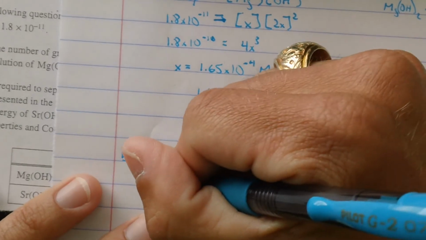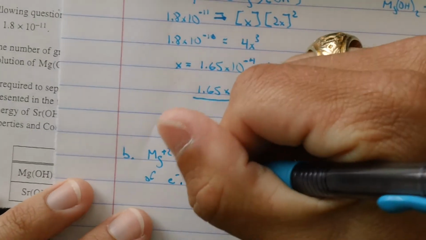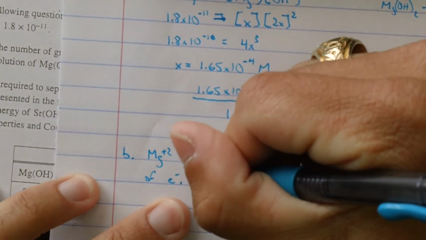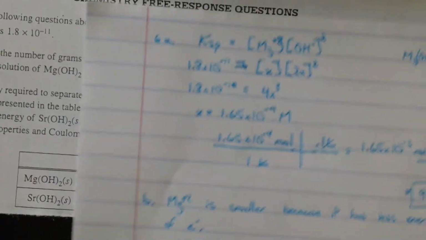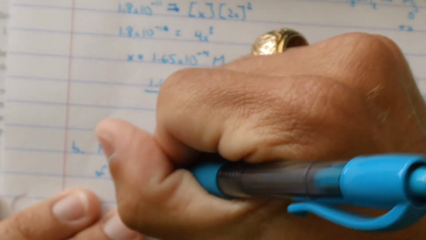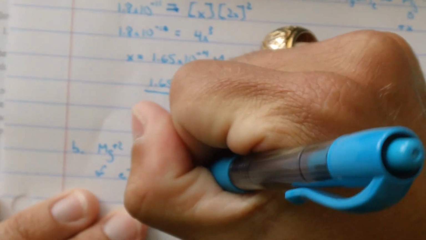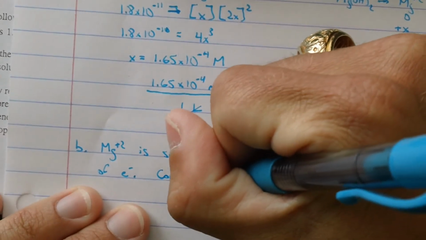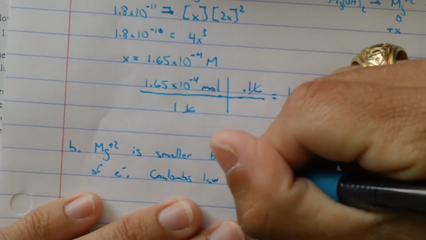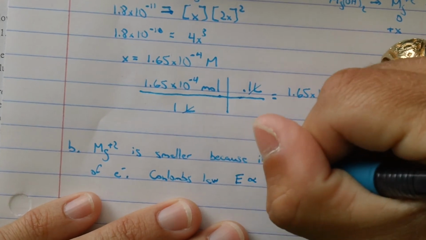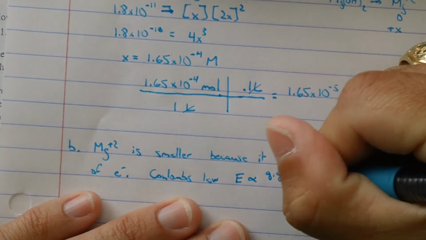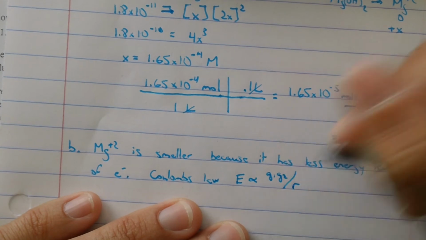And then the second piece of that is, let's see how it says it. Explain why in terms of periodic properties, that's that part, and Coulomb's law. Coulomb's law, and I write Coulomb's law, energy is proportional to charges Q1, Q2 over the radius.